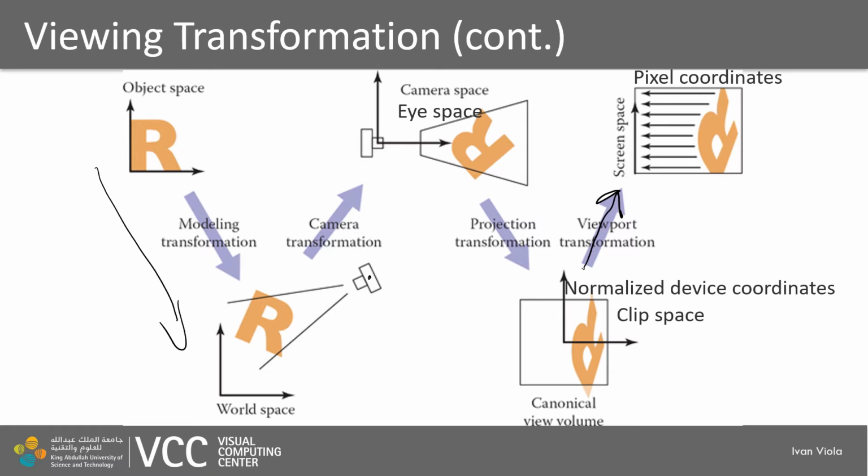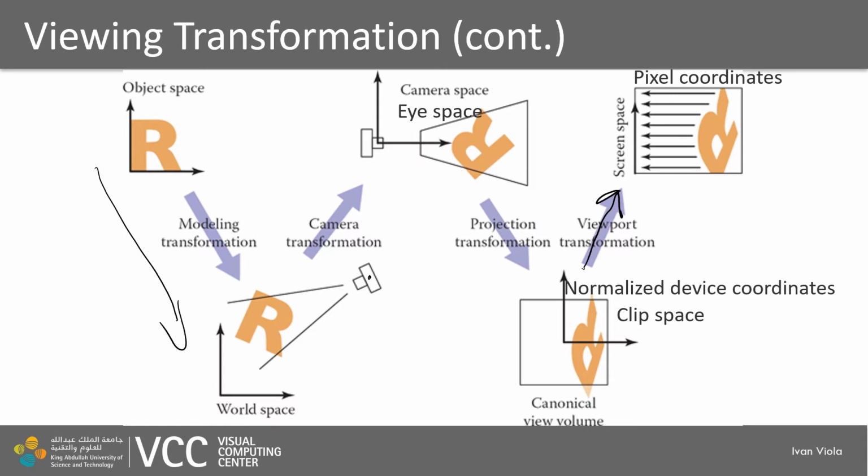This camera space is often referred to as eye space. You can see that now the origin of this coordinate space is where the camera is. So the 0, 0, 0 is at the camera position, and the camera will be looking into the negative z direction. We will come to that later.